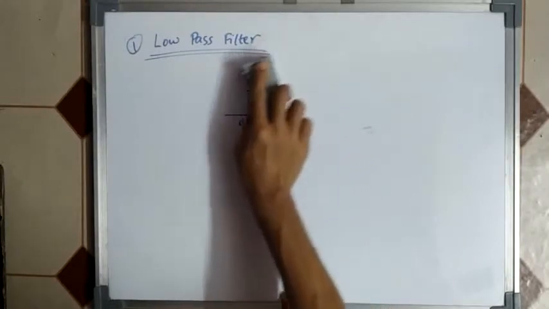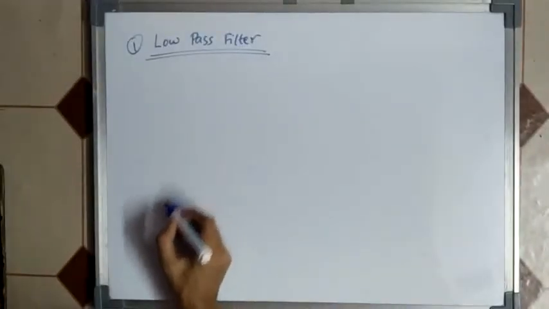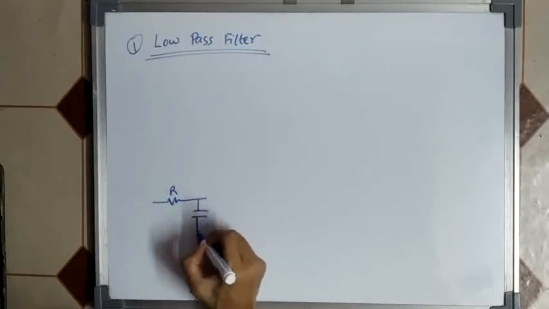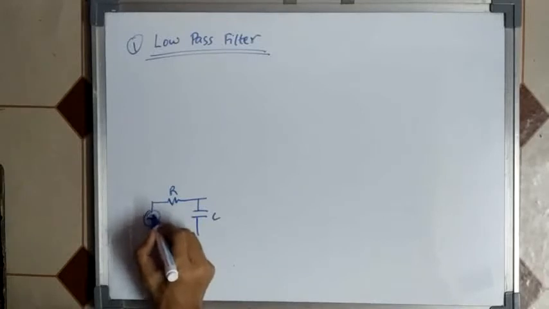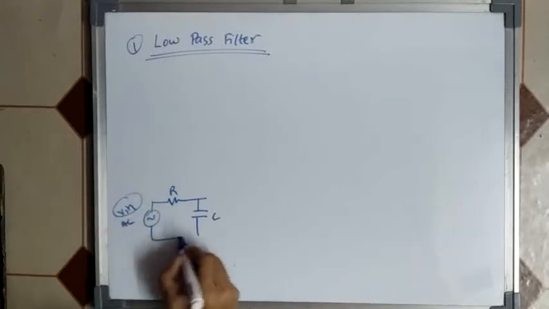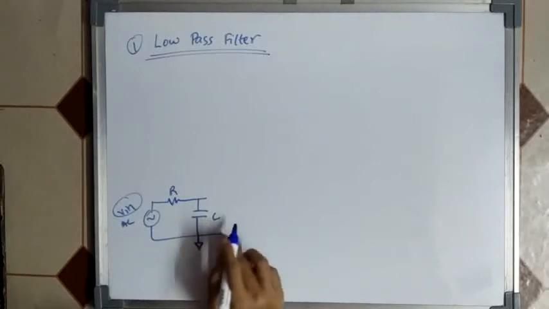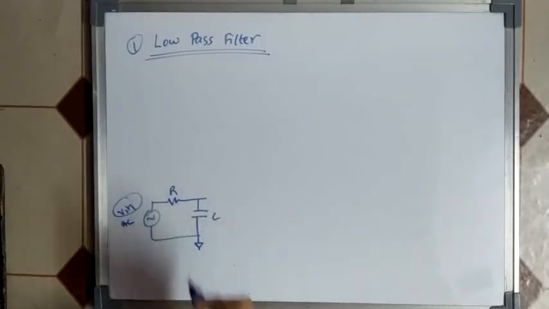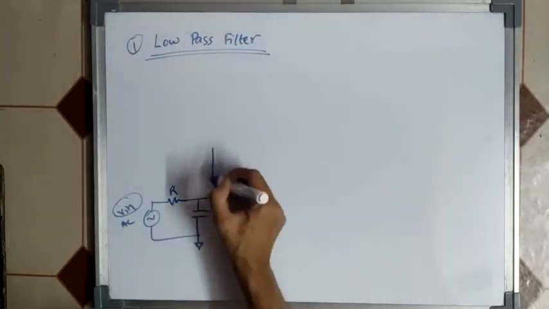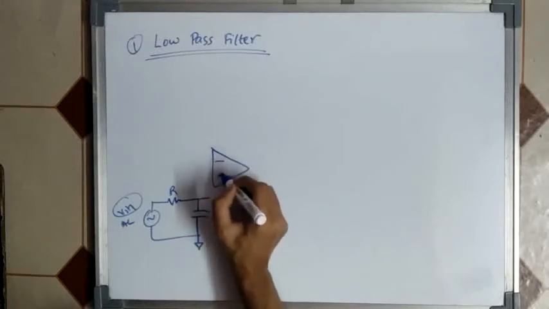So let's see the circuit of the low pass filter. We require some passive components like resistor and capacitor. This is the input, which is AC. So this is the low pass circuit. Now we require some active component like an op-amp.